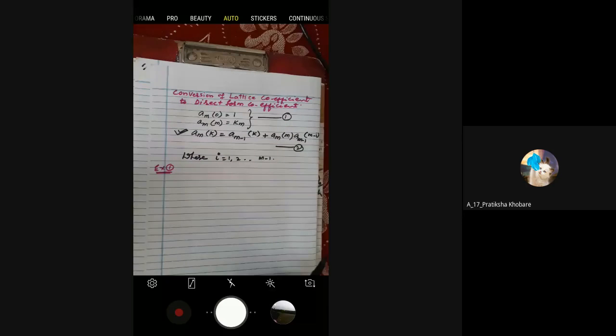Please read the last term you have written. a_m(k) is equal to a_{m-1}(k) plus a_m(m) into a_{m-1}(m-k). Okay, very good. Hope everyone has written the same thing.